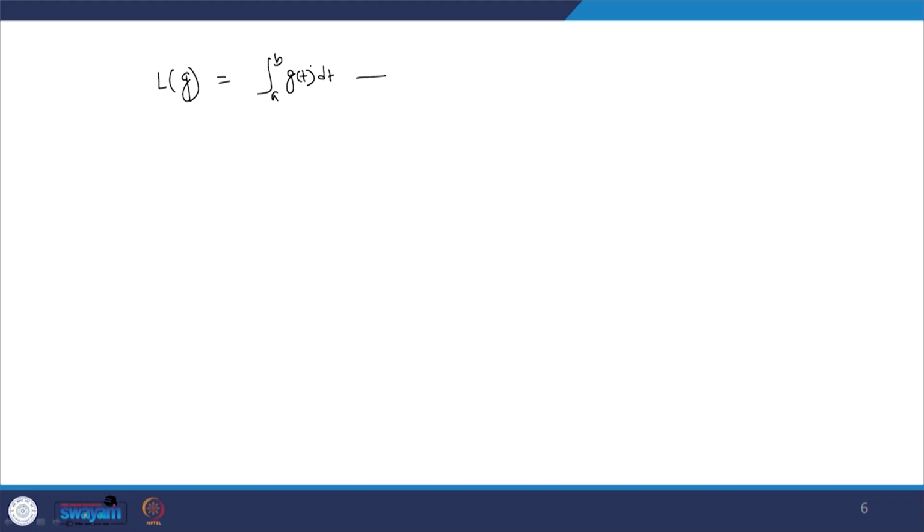So, we can quickly check L of g1 plus g2 equals L of g1 plus L of g2, and L of c times g equals c times L of g, that we can check. So, L is also a linear functional on V, please, you can check it.